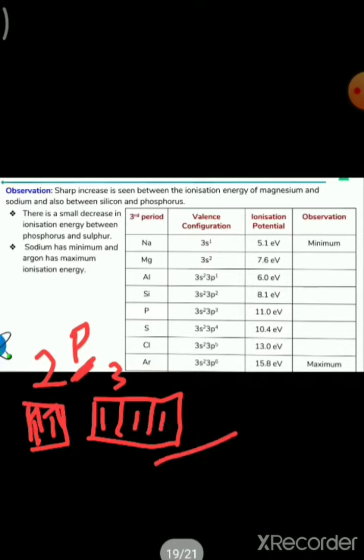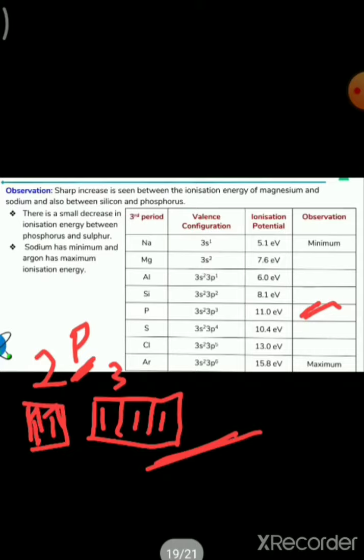That means they are equally half filled, and if the electrons are equally half filled, there is more force of attraction, and we cannot easily remove the electron. That's why in case of phosphorus, more ionization potential is required.